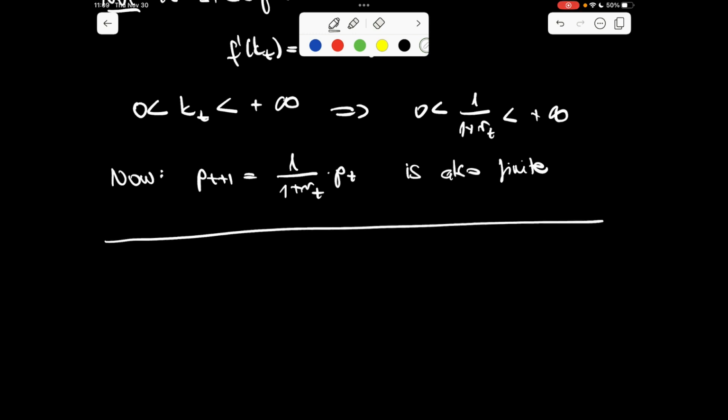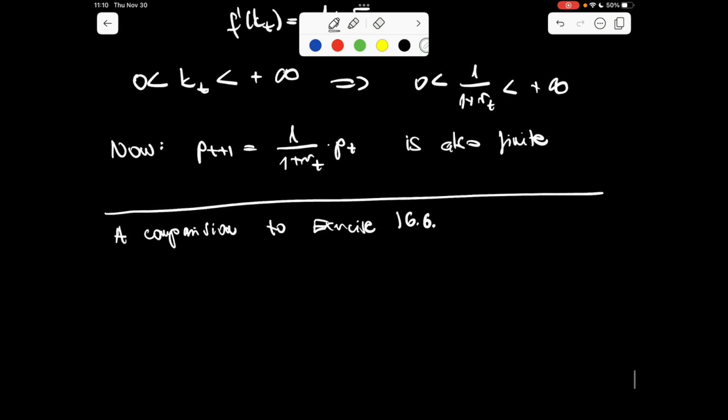Now, let's have a very short comparison to exercise 16.6, which is very instructive. It's a bit technical, but very instructive, especially if we compare the results to our results of exercise 16.1.